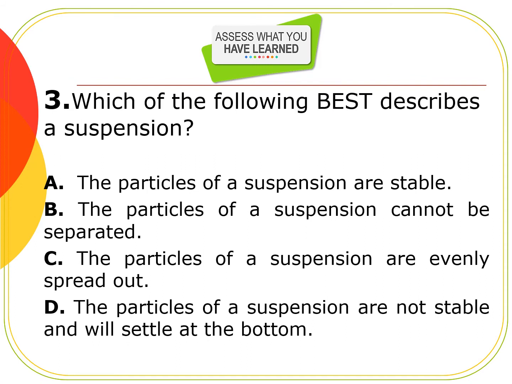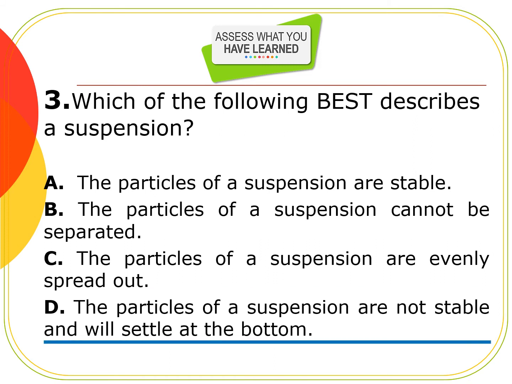Number 3. Which of the following best describes a suspension? Letter A. The particles of a suspension are stable. Letter B. The particles of a suspension cannot be separated. Letter C. The particles of a suspension are evenly spread out.